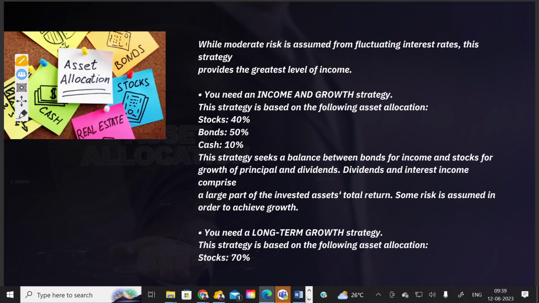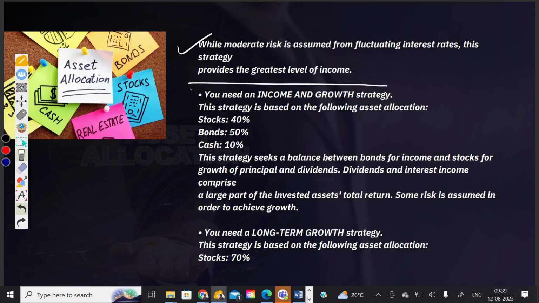Another strategy, income and growth strategy, right? Income and growth. Why will we call it growth? While moderate risk is assumed from the fluctuating interest rates, this strategy provides the greatest level of income. And even at an individual level, if you want to design your income and growth portfolio, you can look for three options.